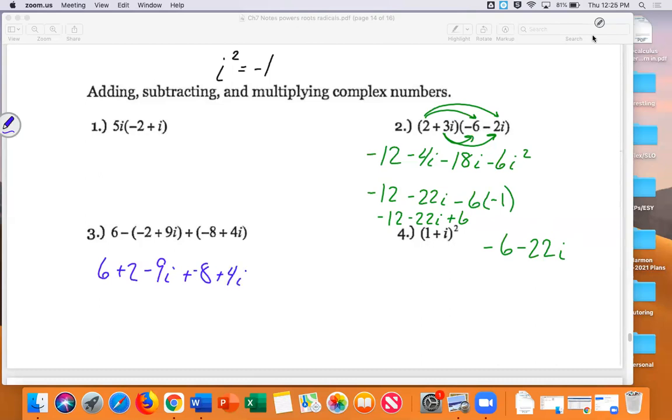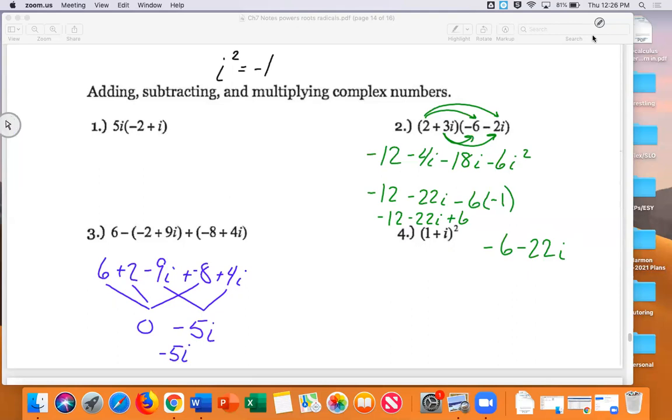See how I got that? And now I group all my i's together. These two come together to give me -5i. And all three of those come together to give me 0. My answer is just -5i.